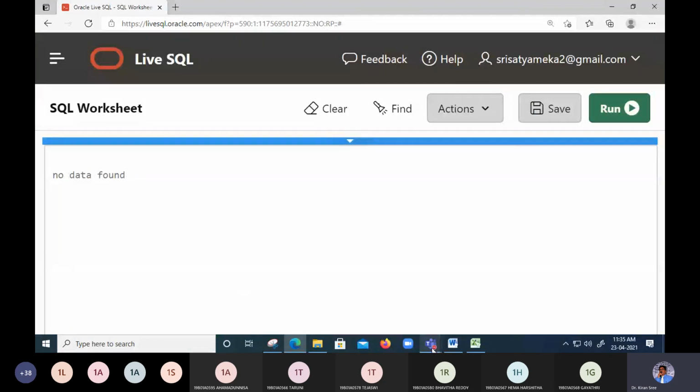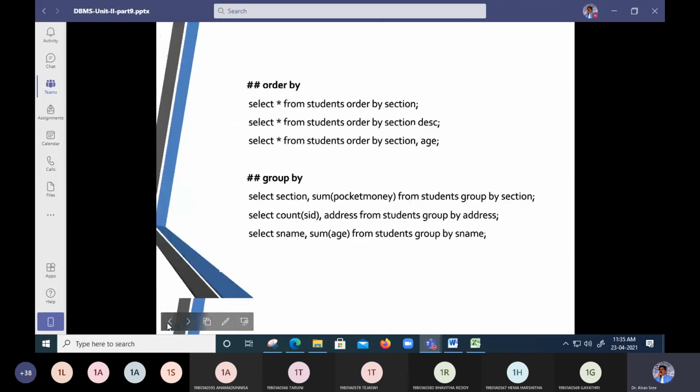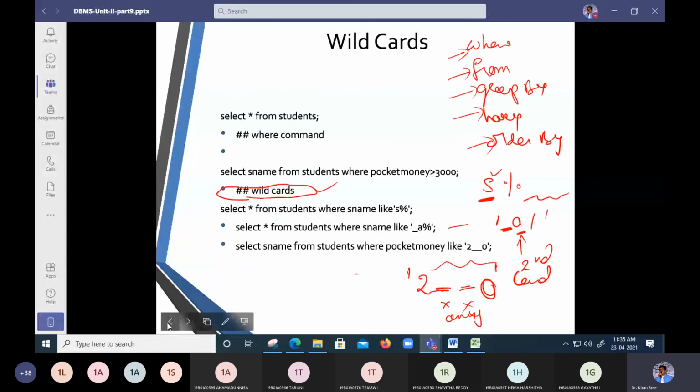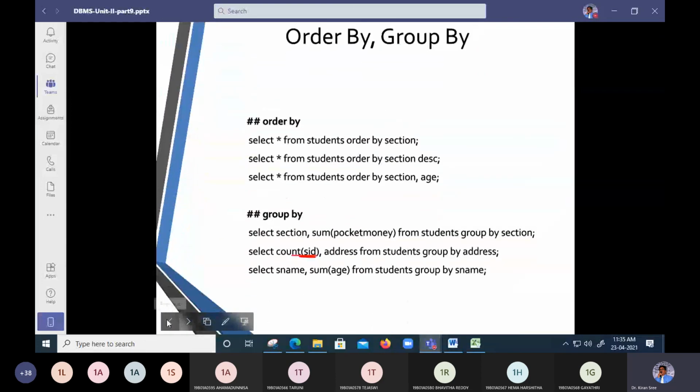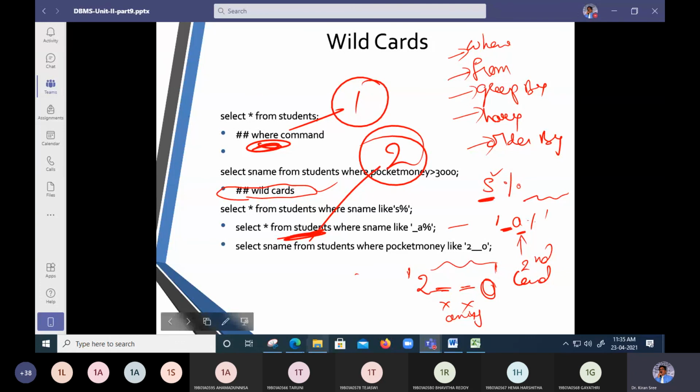So up to now in today's class, we talked about the select command clauses. In the select command, we talked about the where clause, the from clause, right? We talked about one, the where clause. Next we talked about from student, that is two.